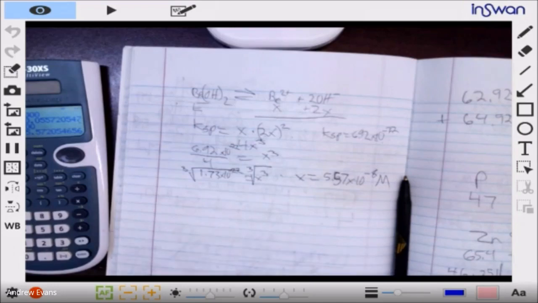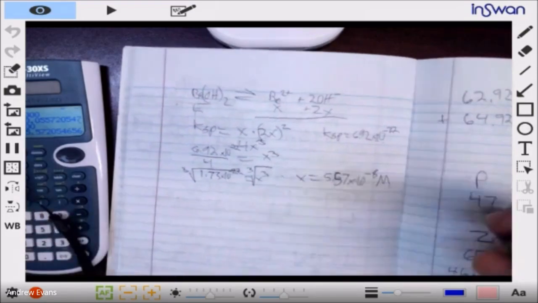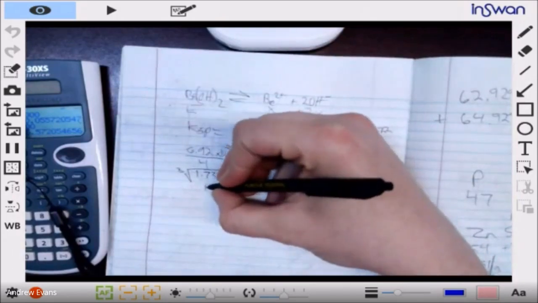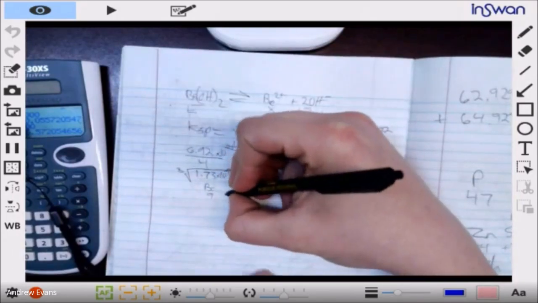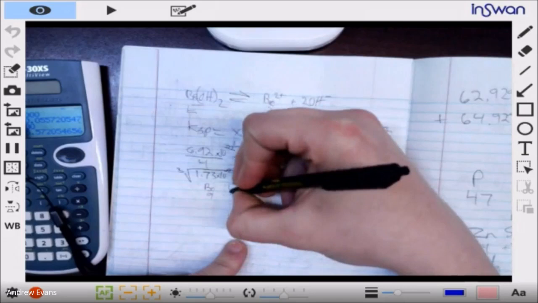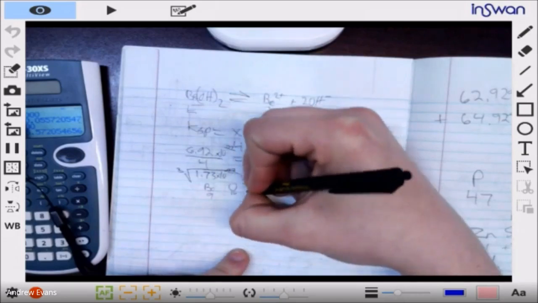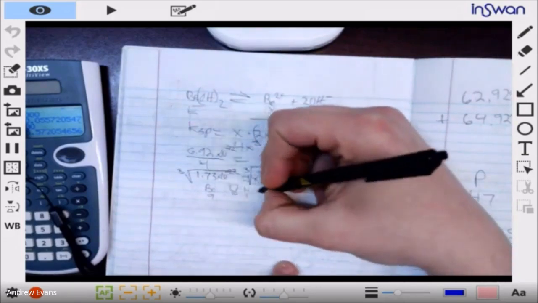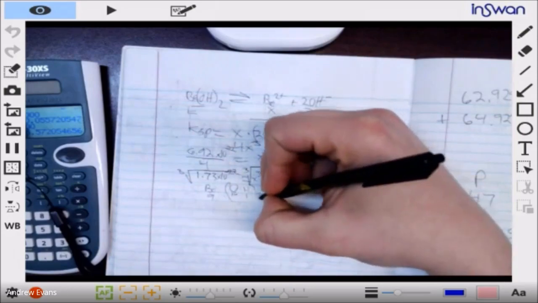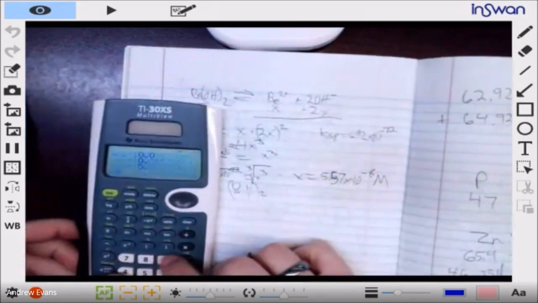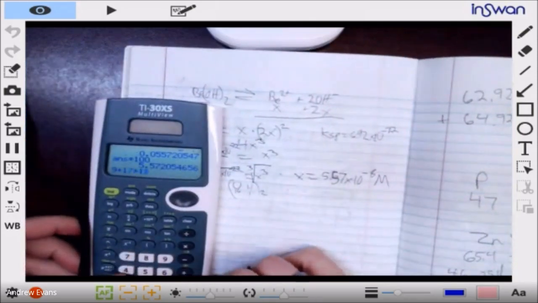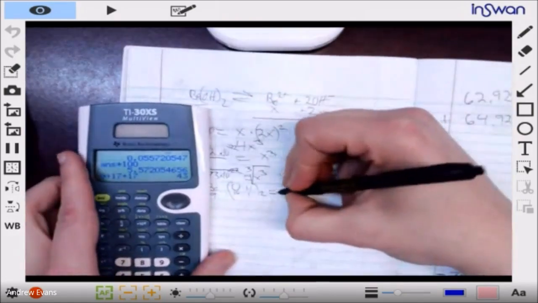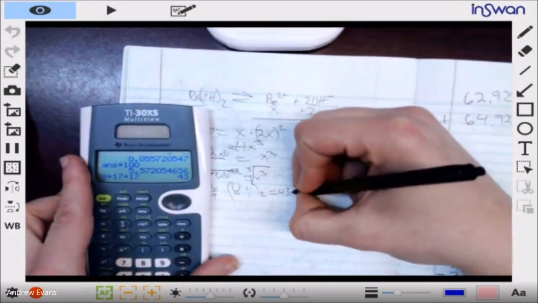Nope, beryllium is 9. So Be is 9. We have 2 OHs. O is 16, H is 1, so together they make up 17. So 9 plus 17 plus 17 is 43 grams per mole.